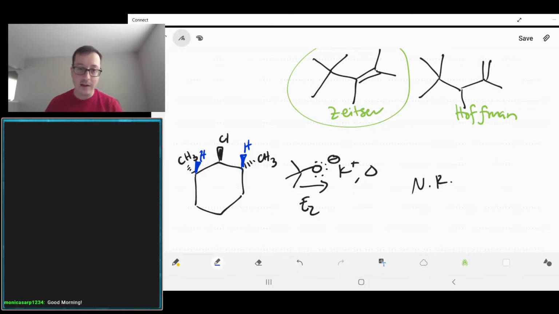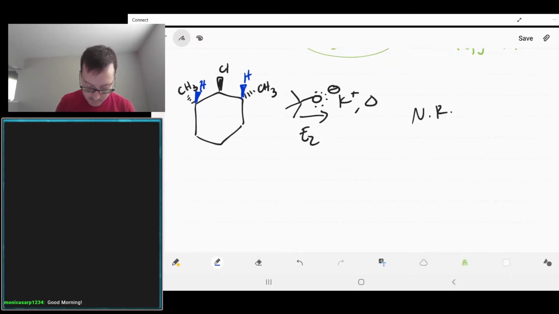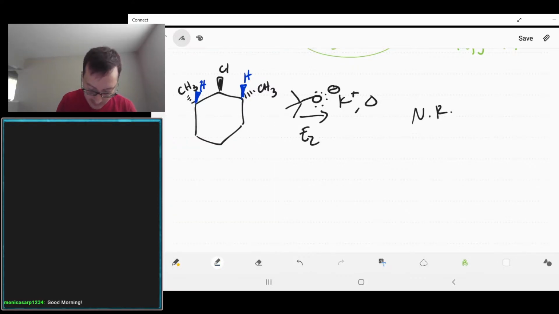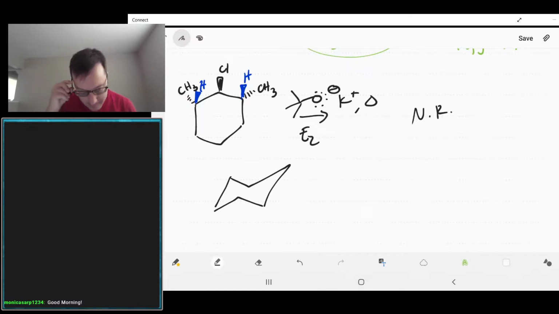If we take a look at this cyclohexane and look at it as a chair, I'm going to start with our methyl group here, our chlorine, and then our other methyl group, which is here.